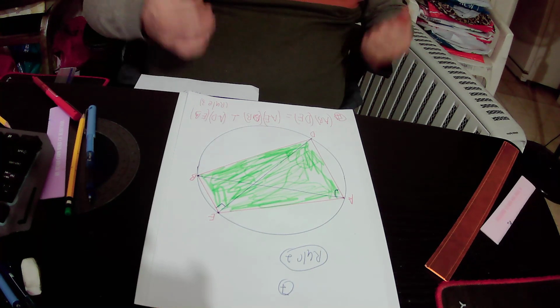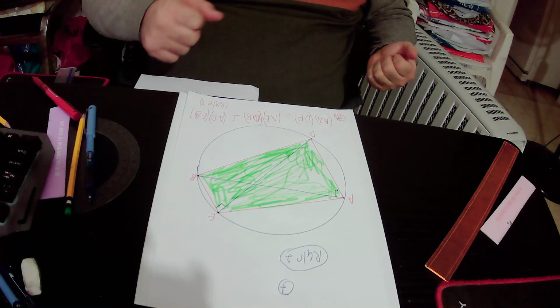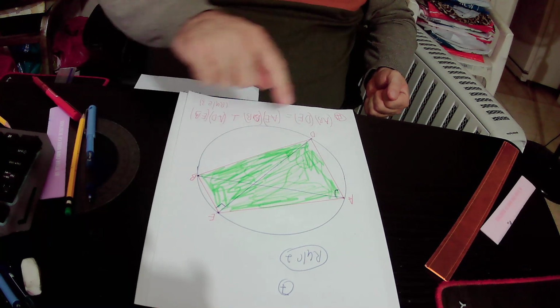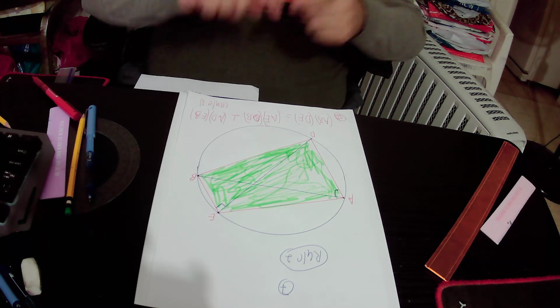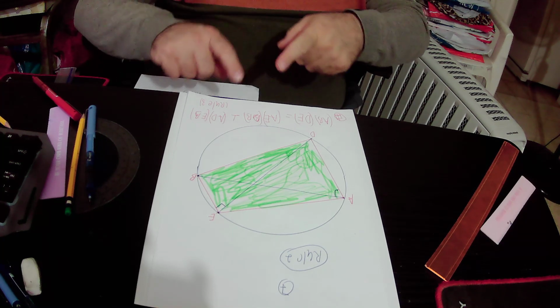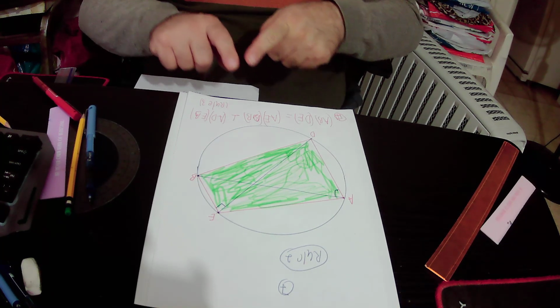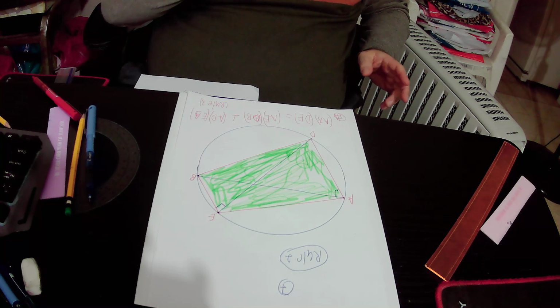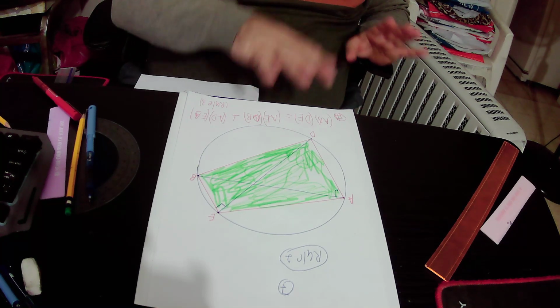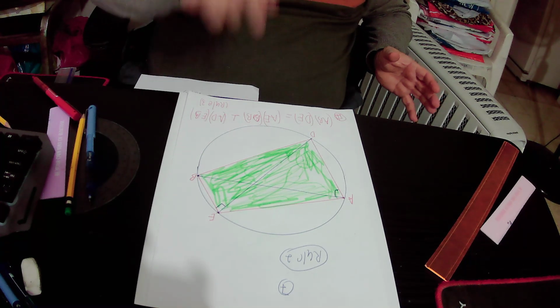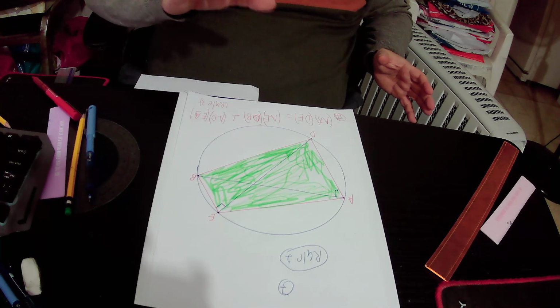And according to rule number 3, the product of its diagonals, AB times DE, equals the sum of the products of its opposite sides, AE times DB plus AD times EB. So equation number 3 is the implementation of rule number 3 in our drawing.